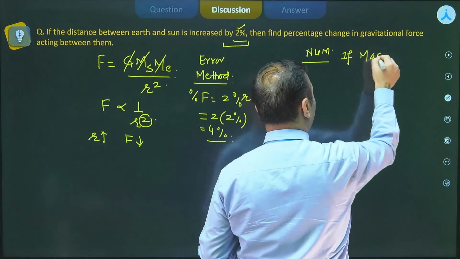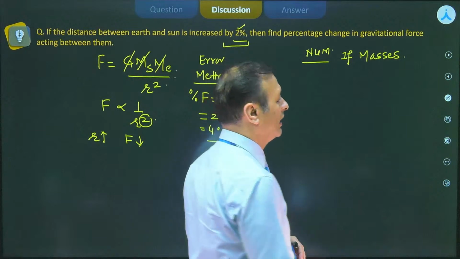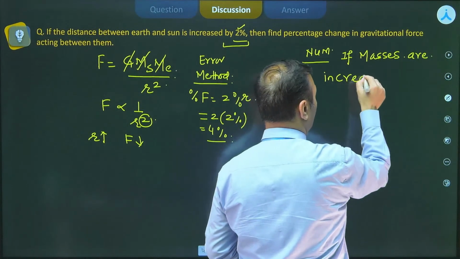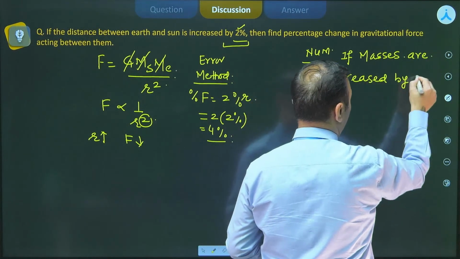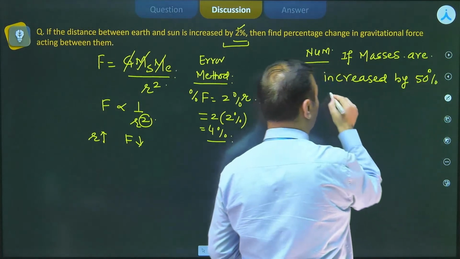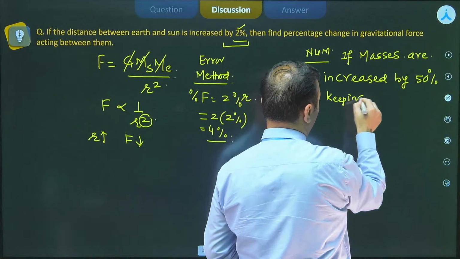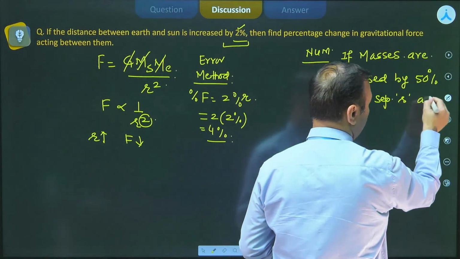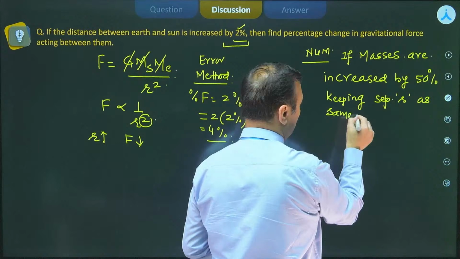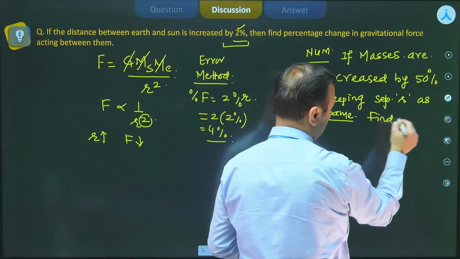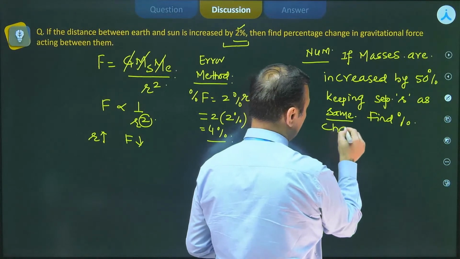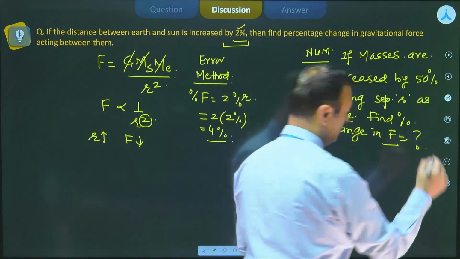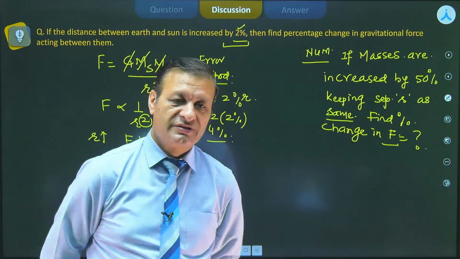If masses are increased by 50%, keeping separation R the same or constant, find the percentage change in gravitational force F between these two masses.